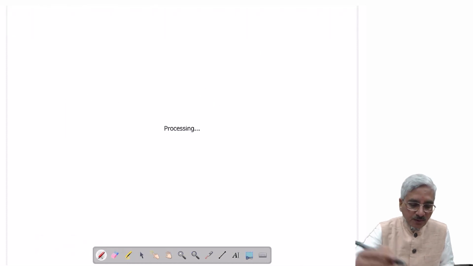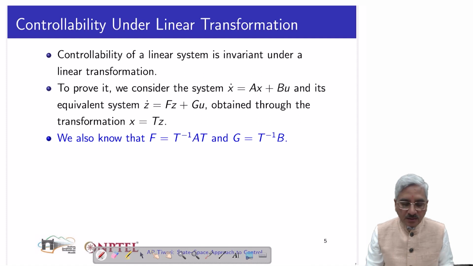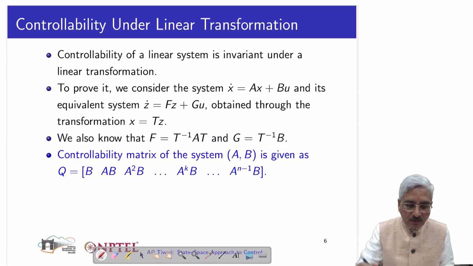We know that these matrices F and G are related to A and B through this transformation, and A will be related to F the other way around, so A can be written as TFT inverse and B can be written as TG.